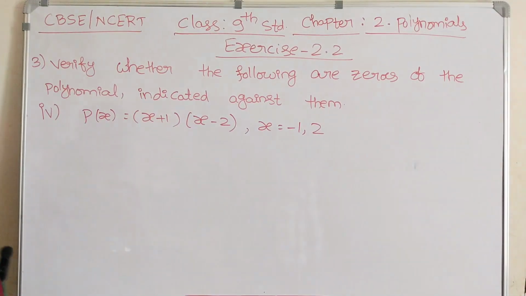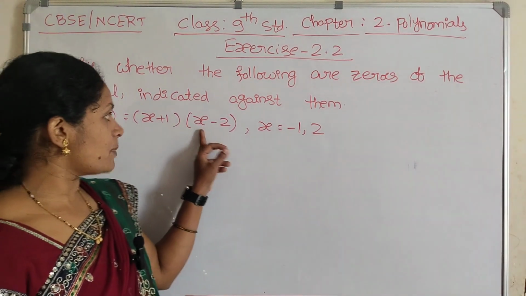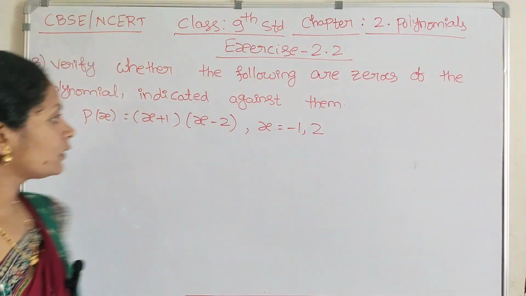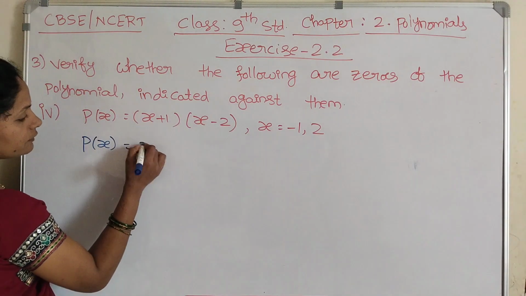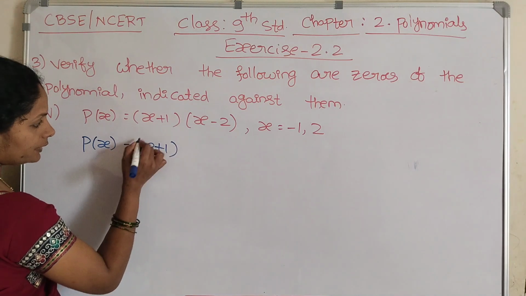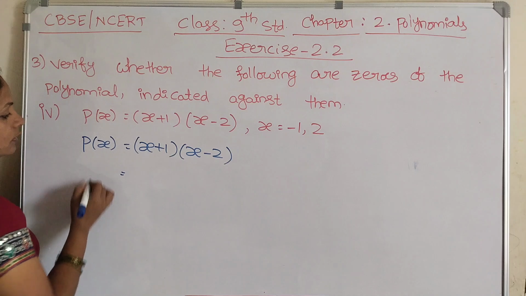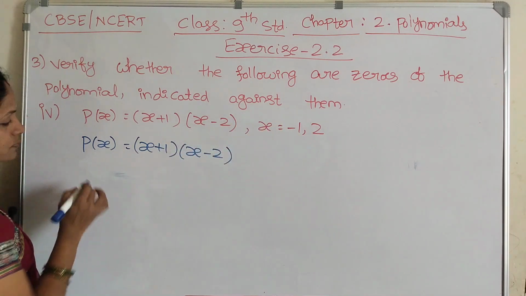The fourth question is P(x) = (x + 1)(x - 2), x = -1, 2. Given polynomial P(x) = (x + 1)(x - 2). First, put x = -1.